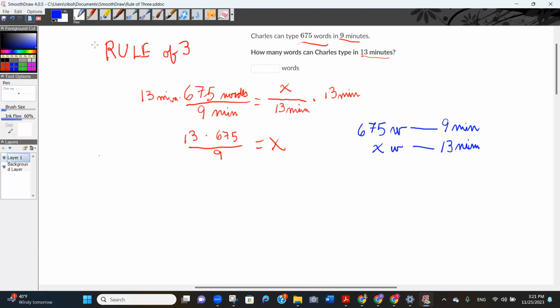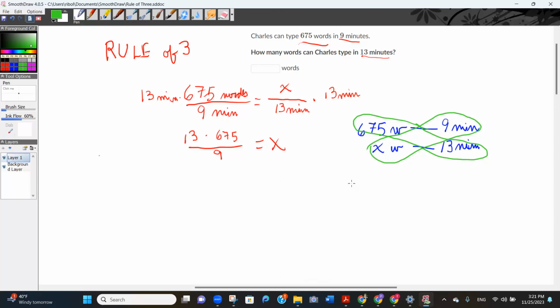And then what we were taught to do is the cross product. So we would actually write something like this. We would circle what we needed to multiply and what we needed to divide.